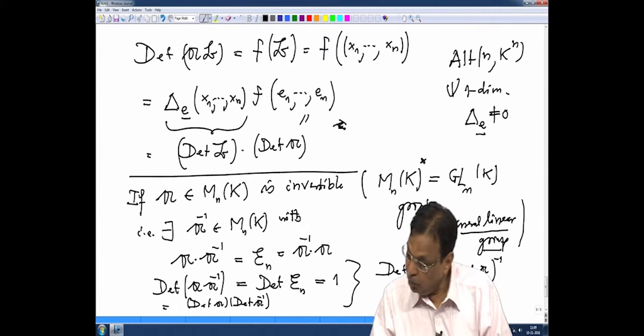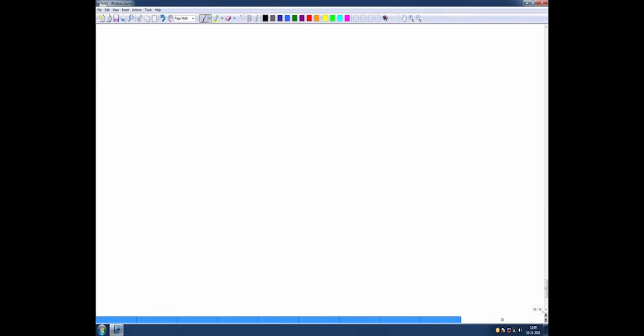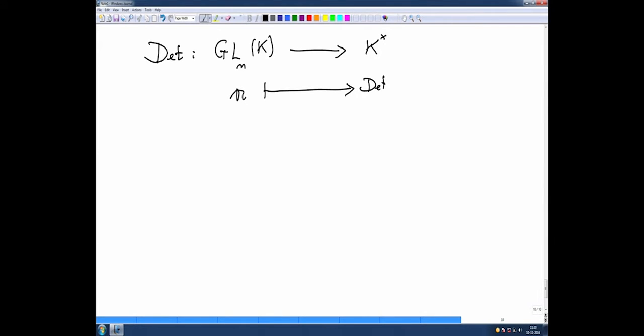So moreover, think of the determinant as giving a map from GL_n(K) to K cross, where any A goes to determinant A. We have noted an invertible matrix cannot have 0 determinant, because the product is 1, and if one of them is 0, the product cannot be 1. We are in a field, that is important, and the product formula tells you this is actually a group homomorphism.